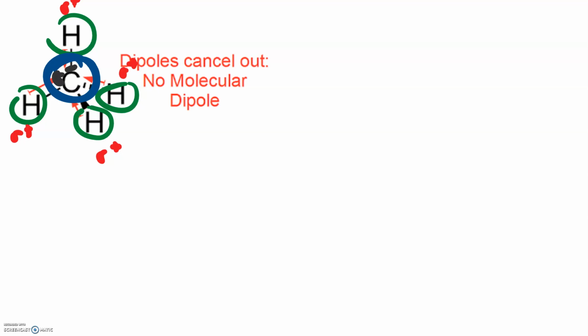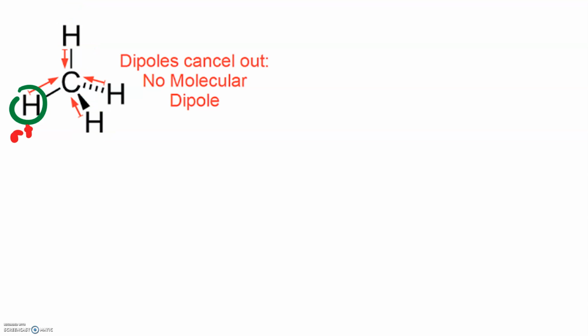But they cancel each other out because this molecule is completely symmetrical. And so even though there is a strong bond polarity, there's no overall molecular polarity in this molecule, which might explain why methane is a gas at room temperature.